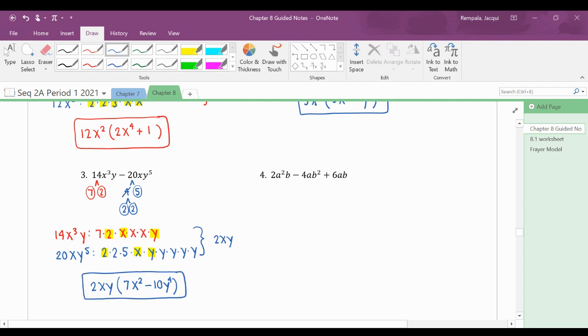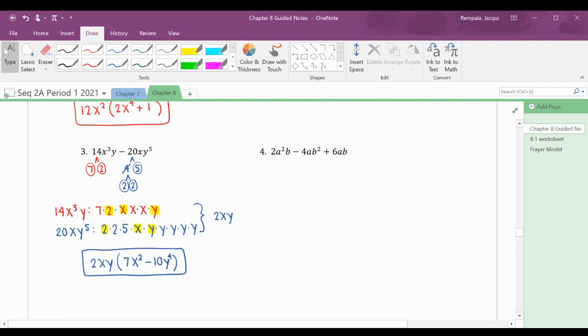In our last problem here, notice that this time there are 3 terms. So we are going to break down each of those terms and look for what's in common between all 3. So starting with 2a squared b. Notice that 2 is what we call a prime number, so I can't break that down. So 2a squared b, we are going to write as 2.